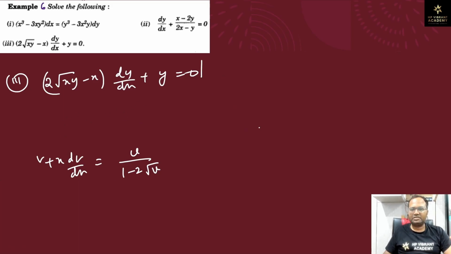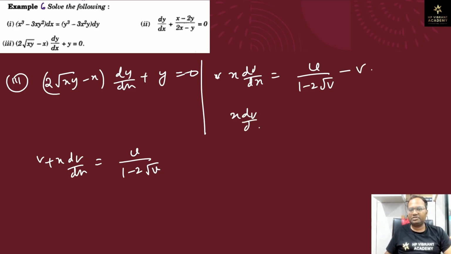So we have x dv upon dx is equal to v upon 1 minus 2 root under v minus v. So this is x dv upon dx is equal to v minus v plus 2v root under v upon 1 minus 2 root under v.